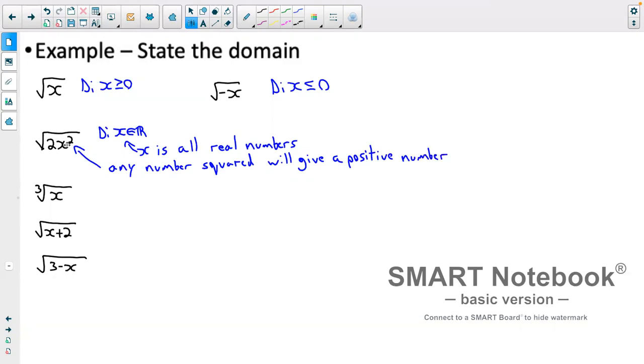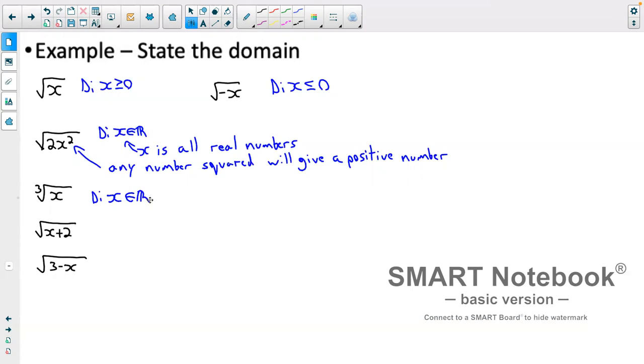So no matter what we put in for this x, we're never going to be able to have a negative in here, which is why it is x is all real numbers. This next one's a cube root. Key thing here is our index is an odd number. So automatically, as long as our index is an odd number, it's x is all real numbers.